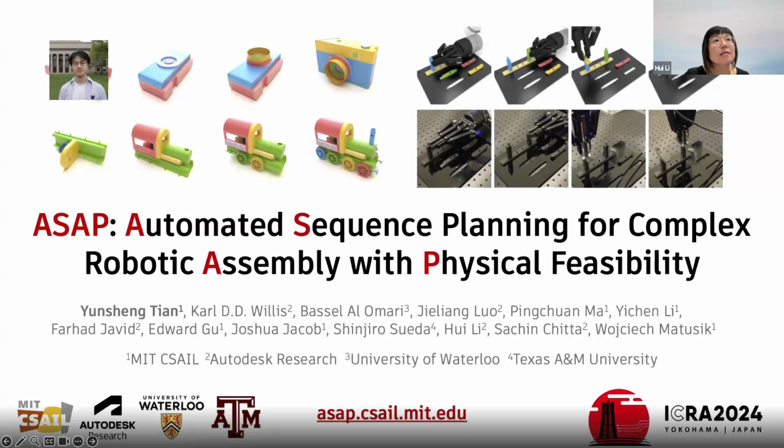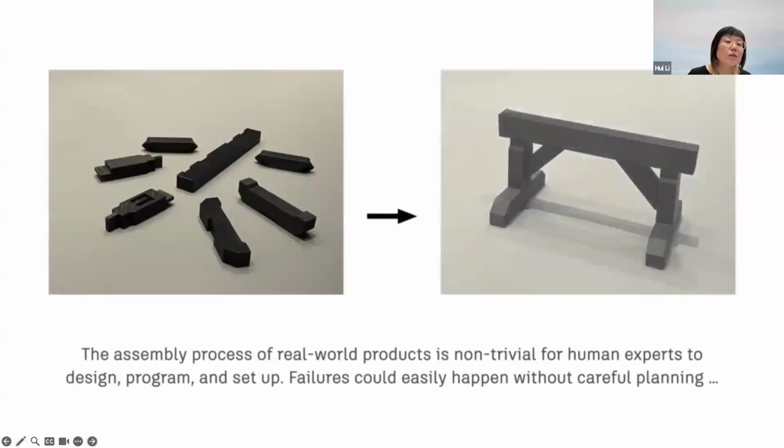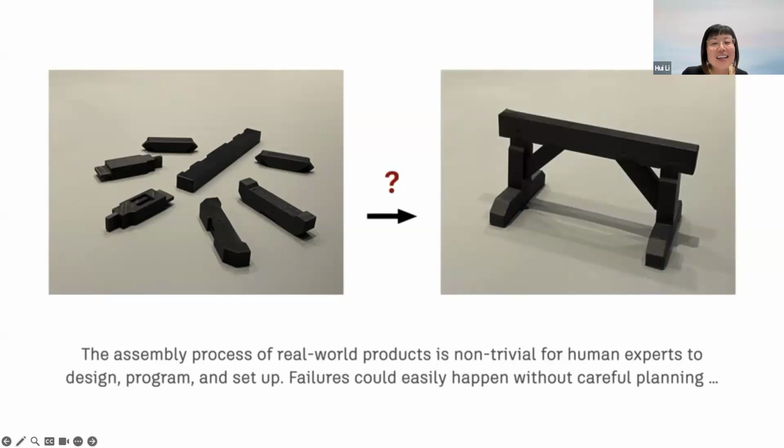This one looks at assembly sequence planning when you have multiple parts in an assembly. How do we plan the sequence while considering physical feasibility? This is a nice video Yongsheng made with captions, so we can just watch it, and I can pause talking for a bit.